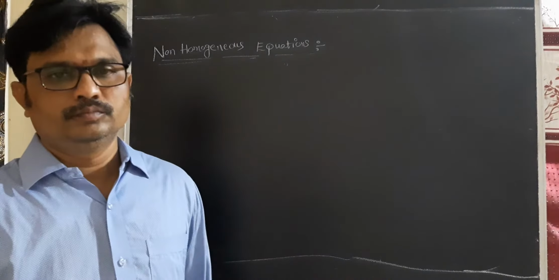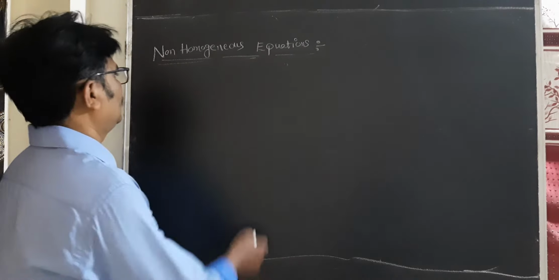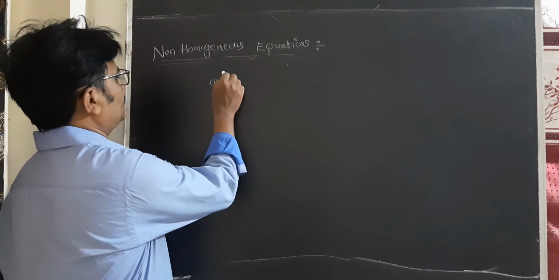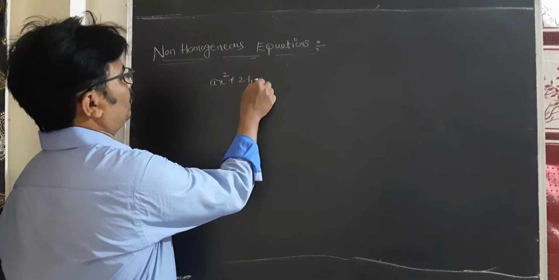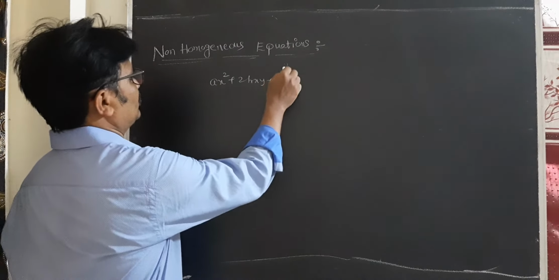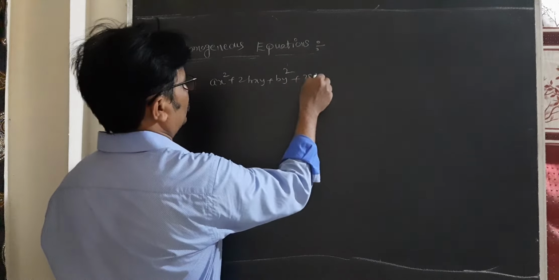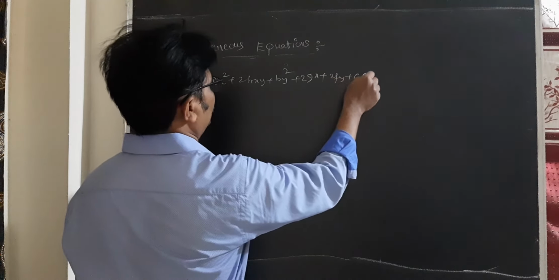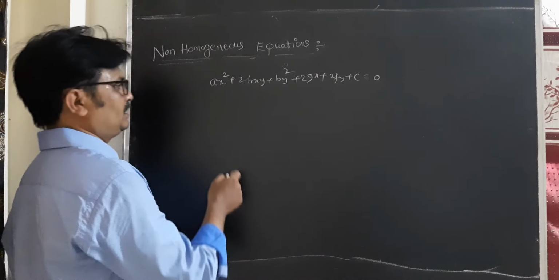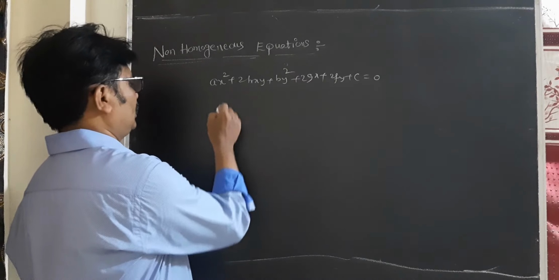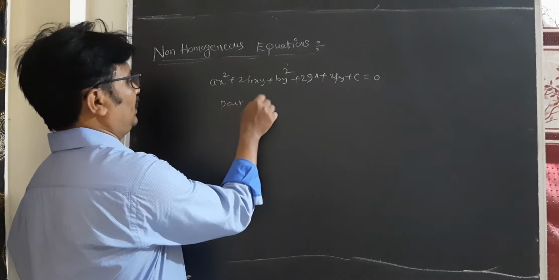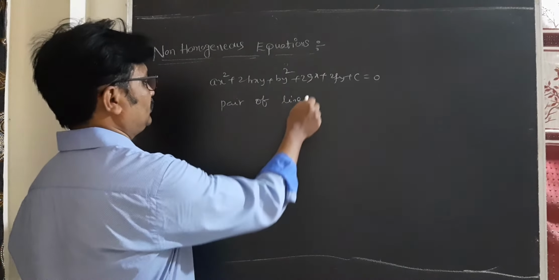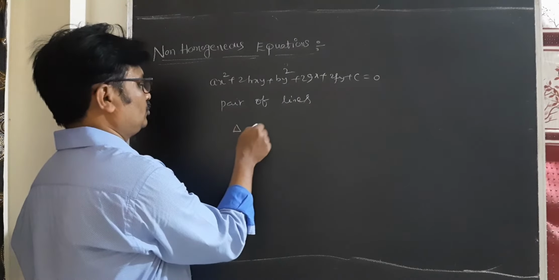Now students, the second degree non-homogeneous equation ax square plus 2hxy plus by square plus 2gx plus 2fy plus c equal to 0 represents a pair of lines, then we know that delta equal to 0.